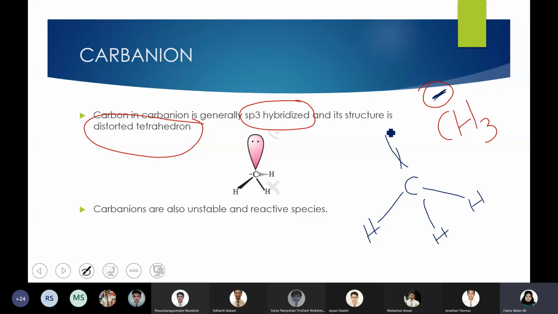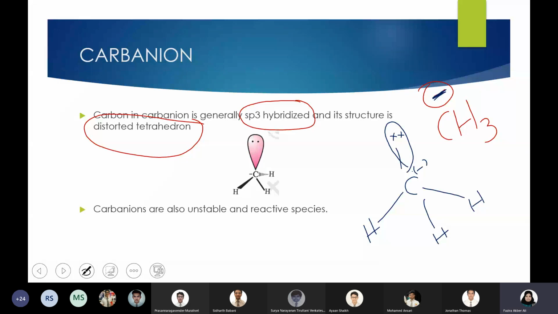That negative charge means a pair of electrons, because we discussed in heterolytic cleavage that a negative ion forms by gaining both the electrons of the shared pair. The shared pair of electrons goes to the negative ion. So that is what comes here, and you show a negative charge on the carbon atom.